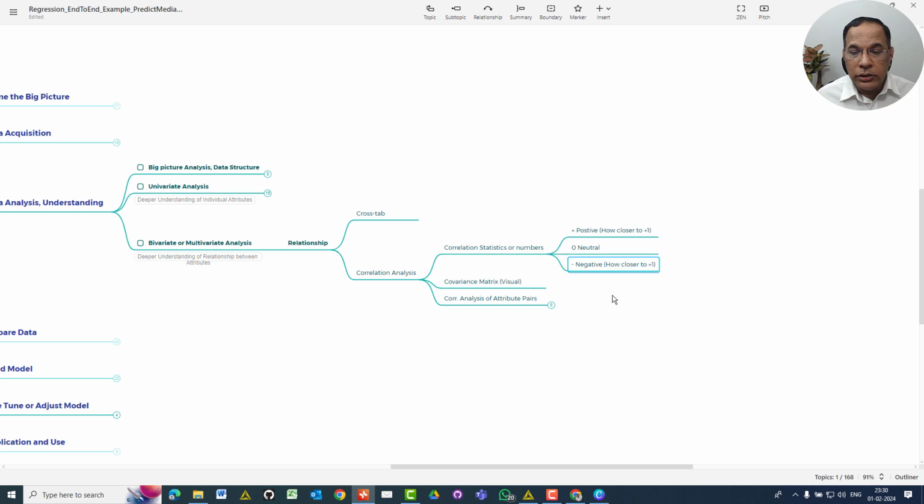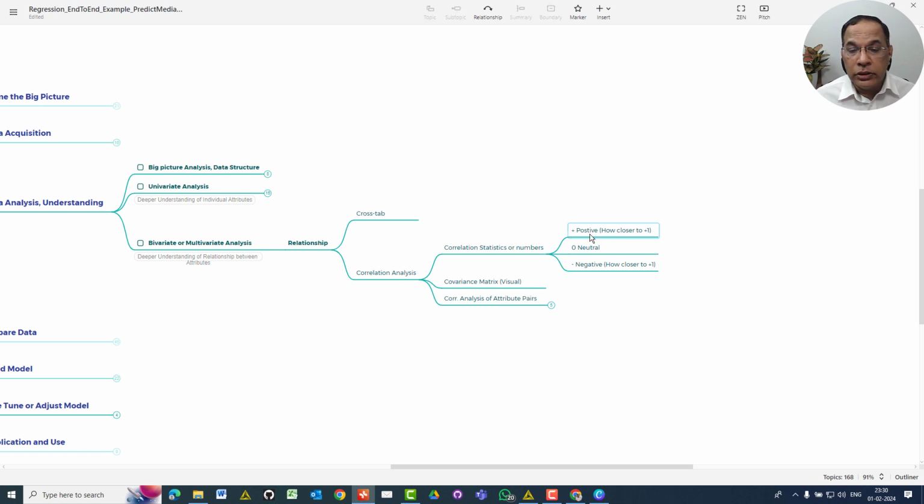But the positive correlation could be that, okay, if it's summer, there's a high chance that people will have ice creams more, right? Or something of that nature, which is basically, if the temperature goes up, ice cream sales will go up, most likely, right? If the temperature comes down, potentially the ice cream sales may come down as well.